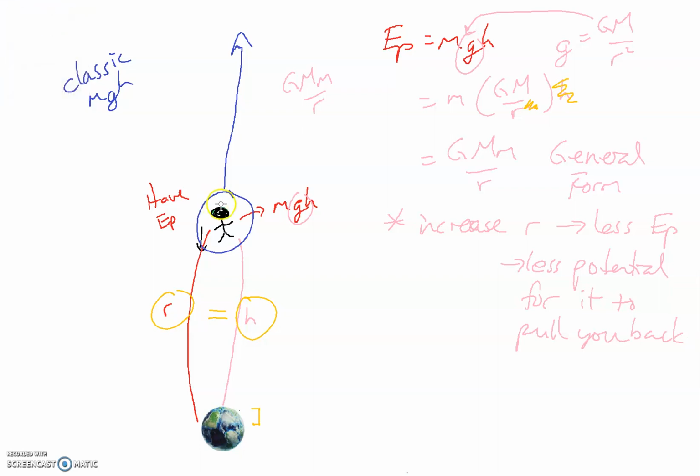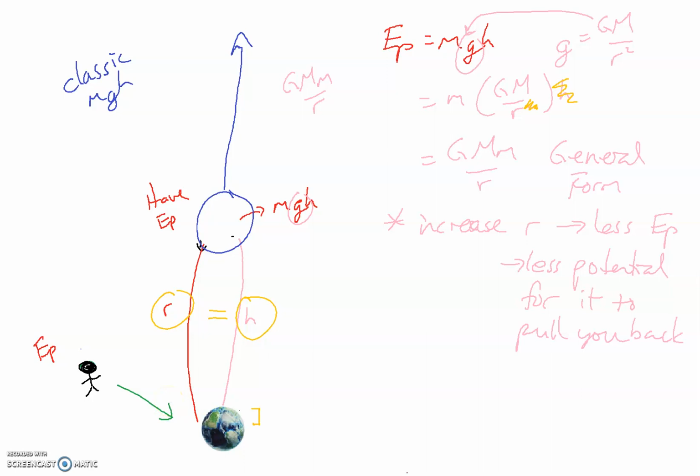Okay, so then what happens if we take this guy here? We're just going to move him over here a little bit, and let's take the situation where we know he's up here above the Earth. Of course, he has potential energy up here. We know that. And what he does is he begins to fall to the Earth.